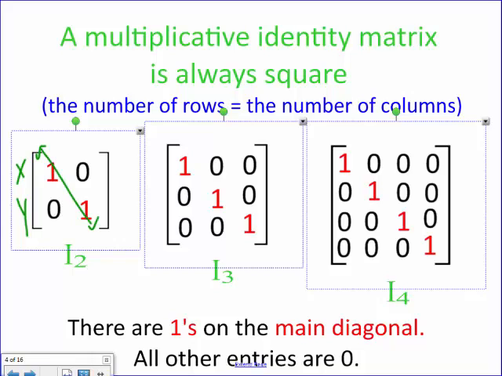If I'm looking to solve for 3 variables like x, y, and z, I got 1s on the diagonal, everything else is 0. And if it's a 4 by 4, if I'm trying to solve for 4 variables, I need 4 equations, which we'll see here in a bit with our systems. But just know that the 1s are on the main diagonal and everything else is 0 for the identities. So just understand that.